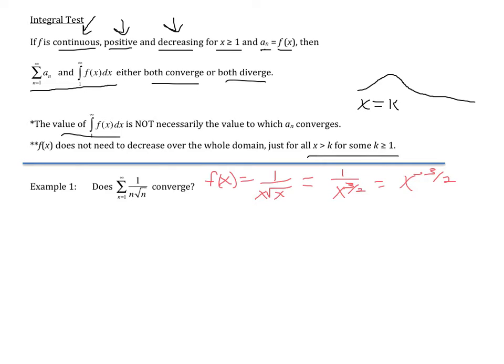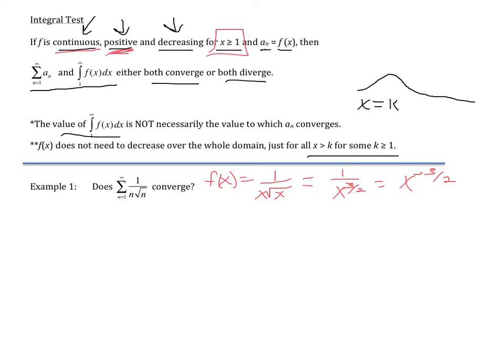So is this particular function continuous? Well, there is a point of discontinuity. It's at 0. There's an asymptote there. However, what we are concerned about is the values for x greater than or equal to 1. So it is continuous in that interval. So it meets that criteria. Is this function positive? Yes, it is.